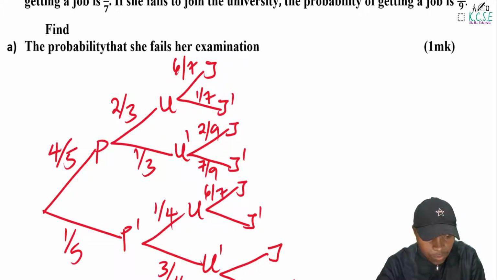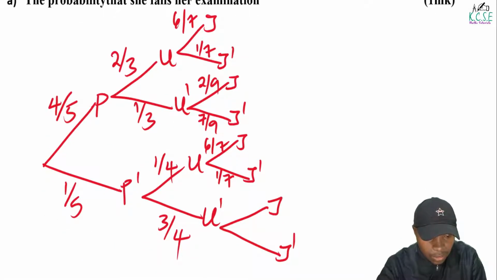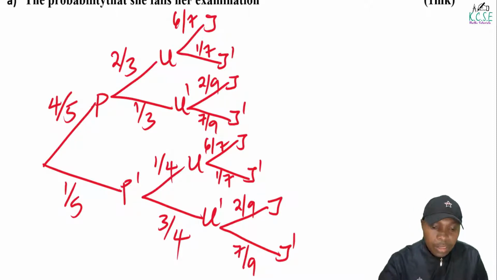The same applies on the other side: 6/7, 1/7, then 2/9, 7/9. Remember, the sum of probabilities in one branch should be equal to 1. So now the tree diagram is complete.